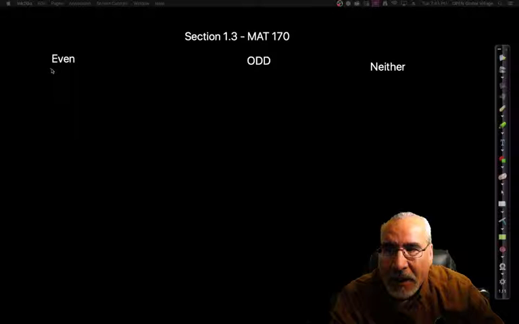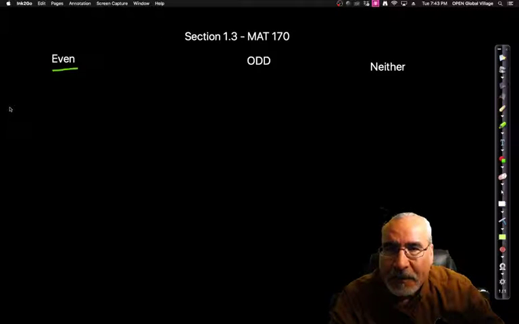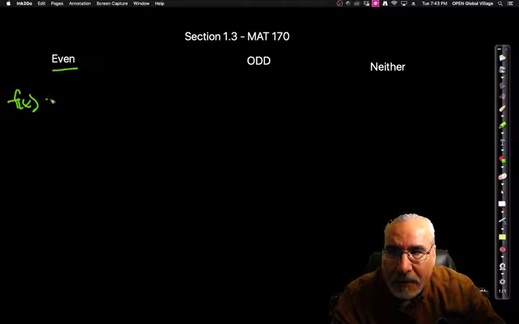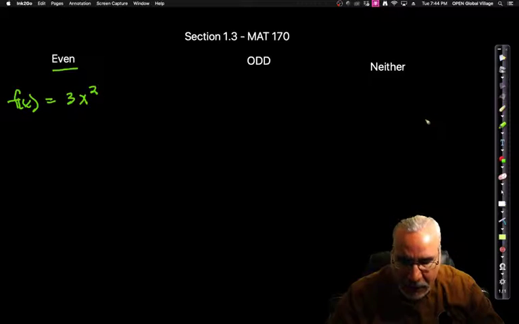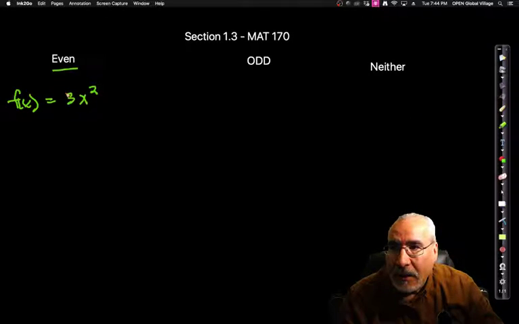First of all, even functions, if it's a polynomial, what that means is all the exponents will be even. So an example, f of x equals 3x squared is an even function because the exponent is even.